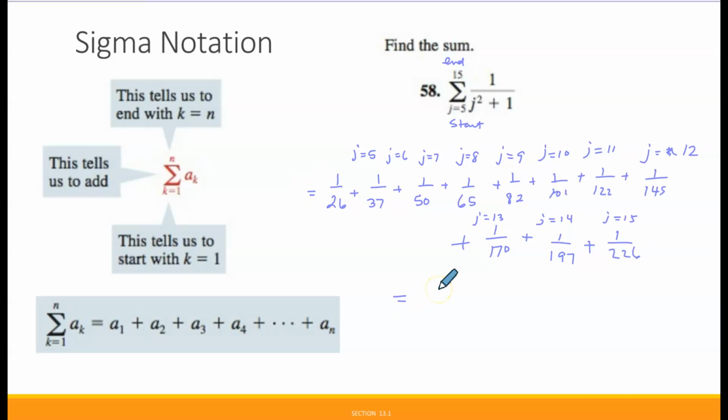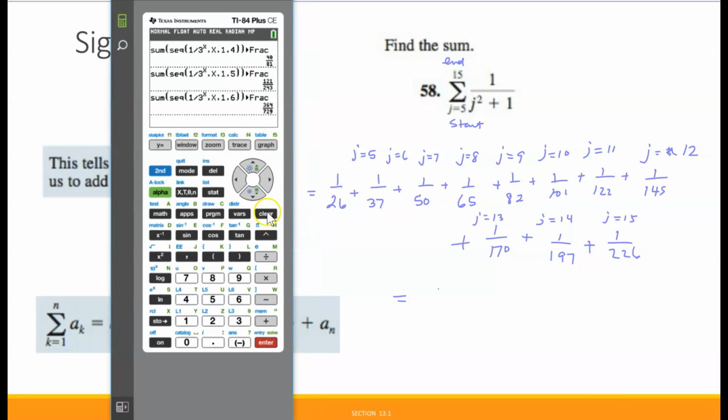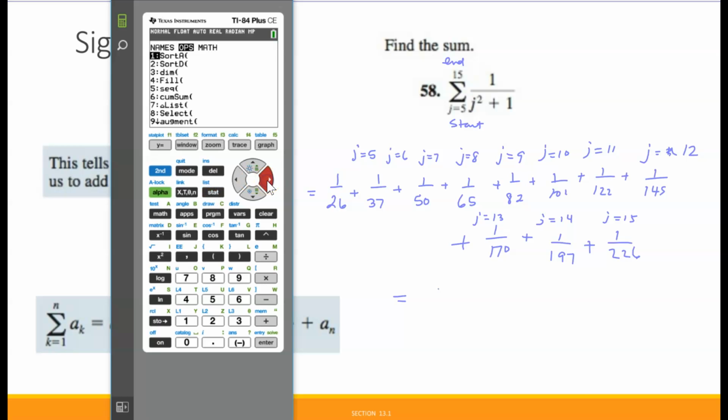Our calculator is going to help us do that much better. So we have the sum of a sequence. Second list ops.